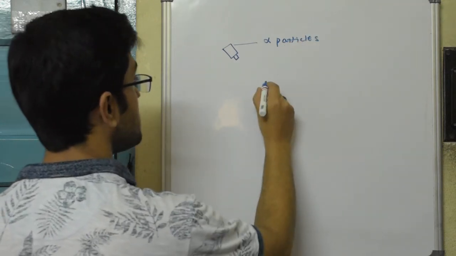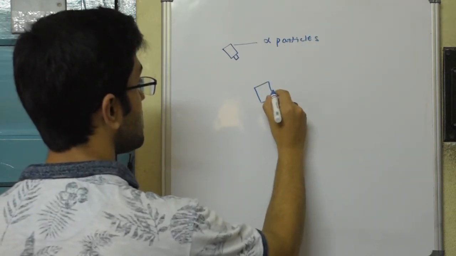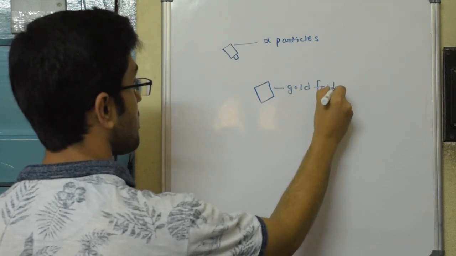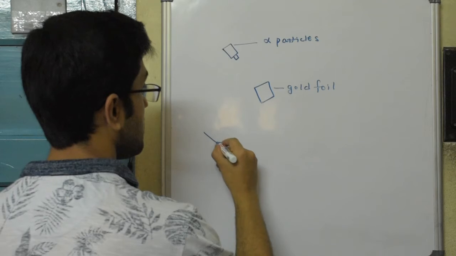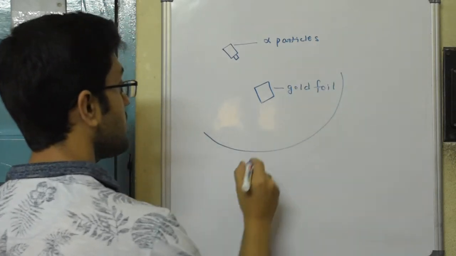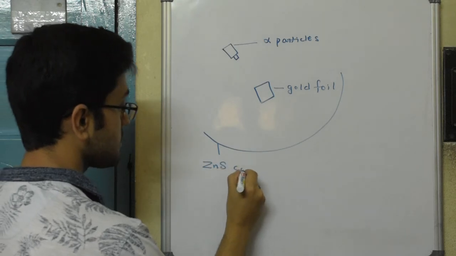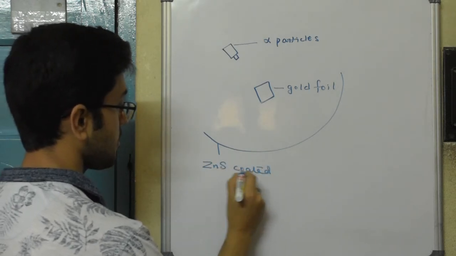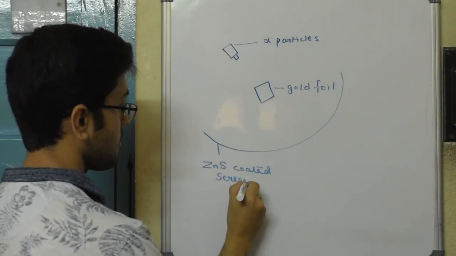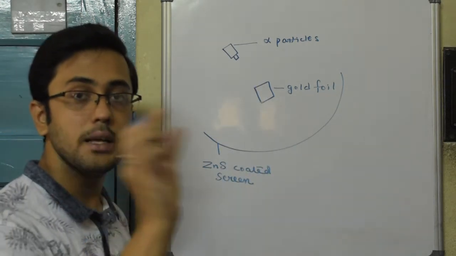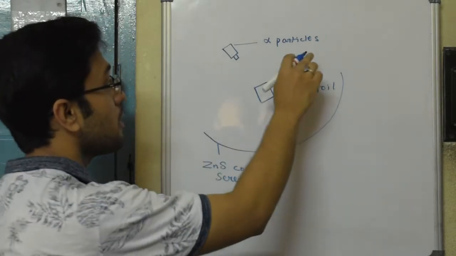The alpha particles were emitted towards a gold foil. And surrounding the gold foil was a ZnS coated screen. So this was a source of particles. It constantly emitted alpha particles.